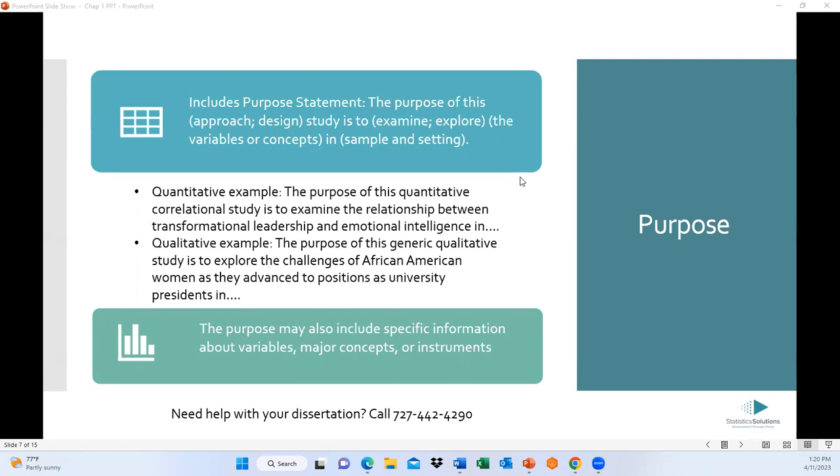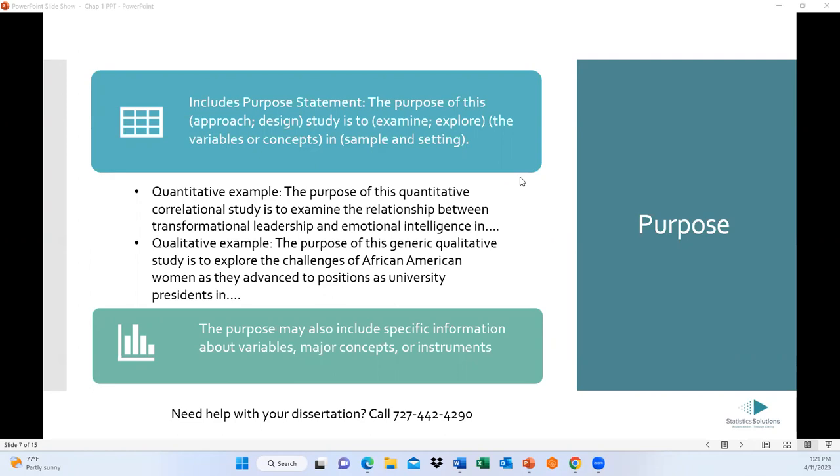So once your purpose statement gets approved, your chair is okay with it, and you get it locked down, your purpose statement shouldn't change. Until then it may shift a little bit, but once you get what you're doing nailed down, it's like your research questions.